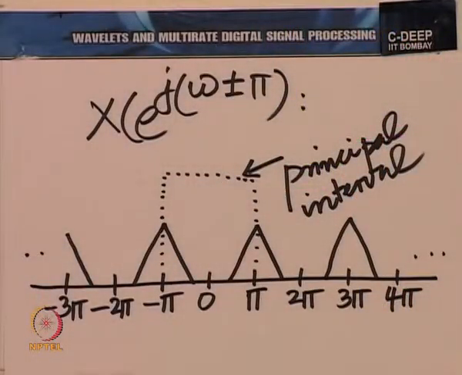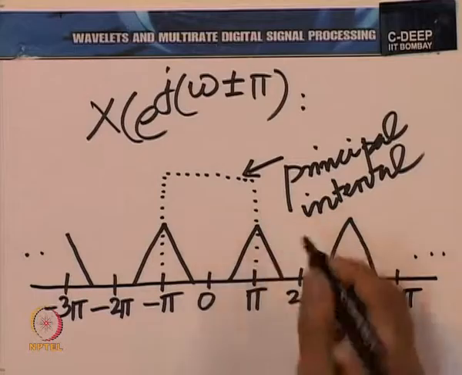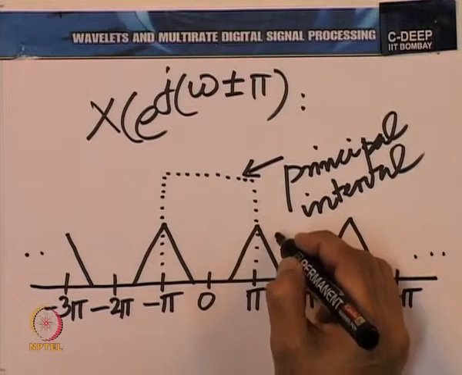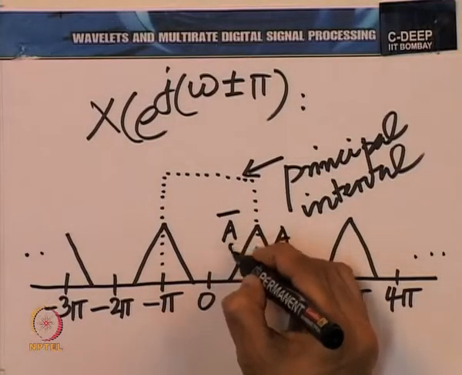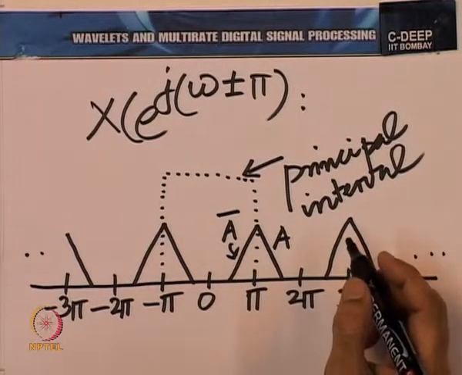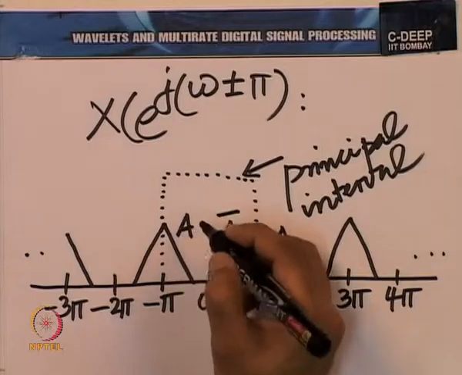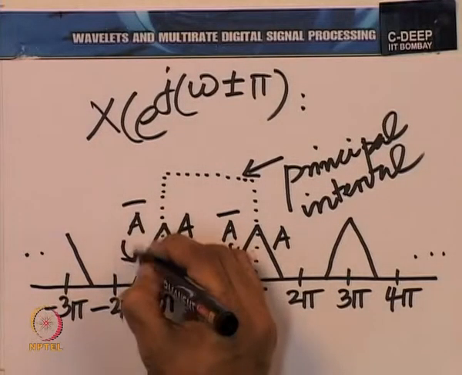Anyway, now what we will do is, in X of e raised to the power j omega plus minus pi, we shall mark the A's and the A bars carefully. So, here again in the principal interval, this was actually A and this was A bar, is it not? And therefore, this was A and this A bar.